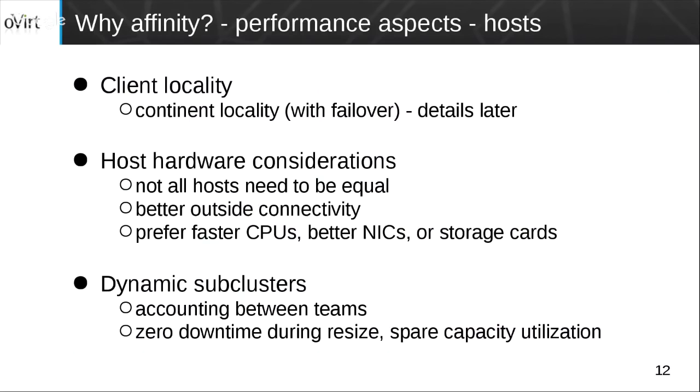Dynamic subclusters. If we want to change the cluster according to our needs dynamically, we can use affinity labels that I mentioned earlier on, with labels such as DB, web servers. This way we can separate the cluster into logical units. We can extend or shrink these logical units as needed, meaning I want a certain amount of hosts to run our servers or DB or web services.